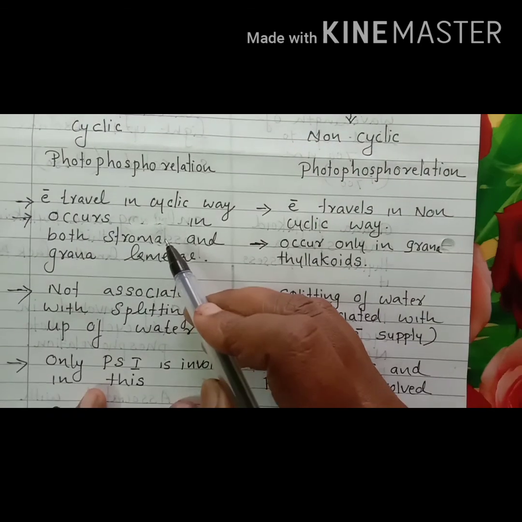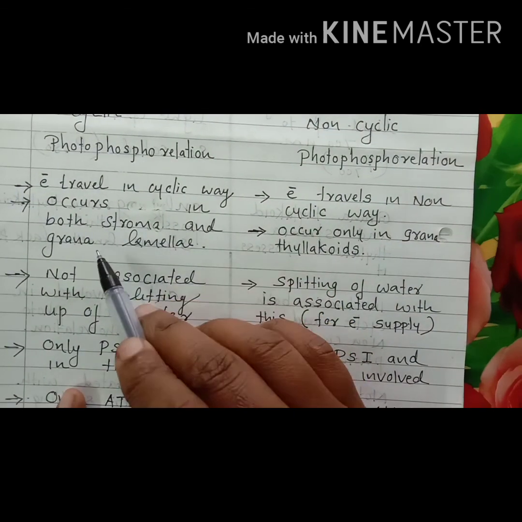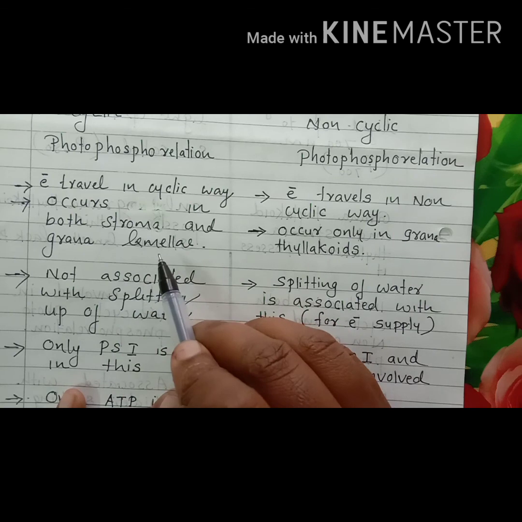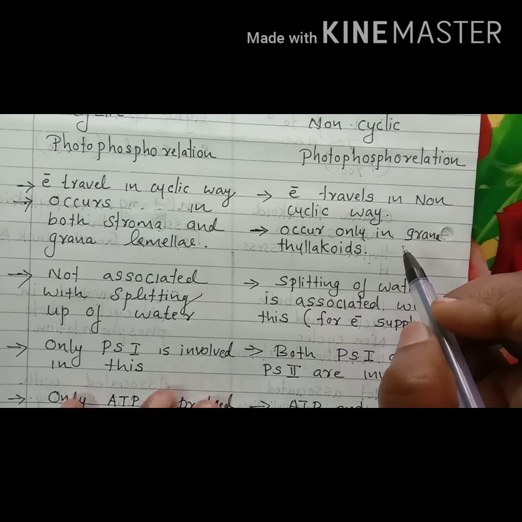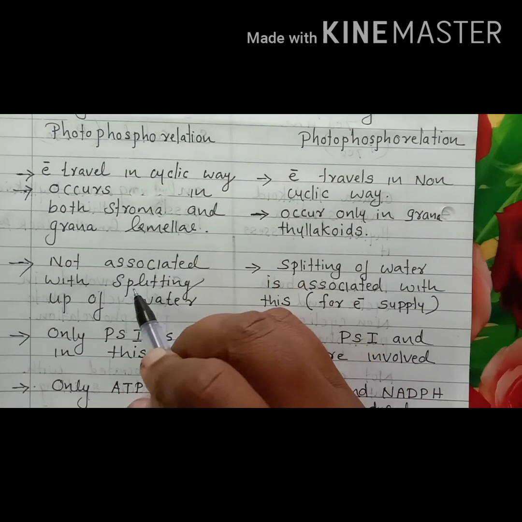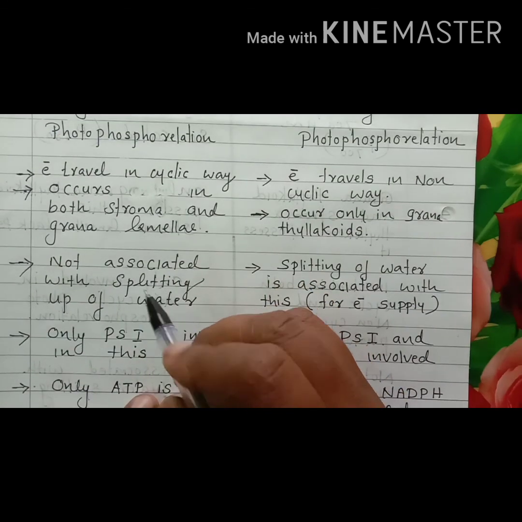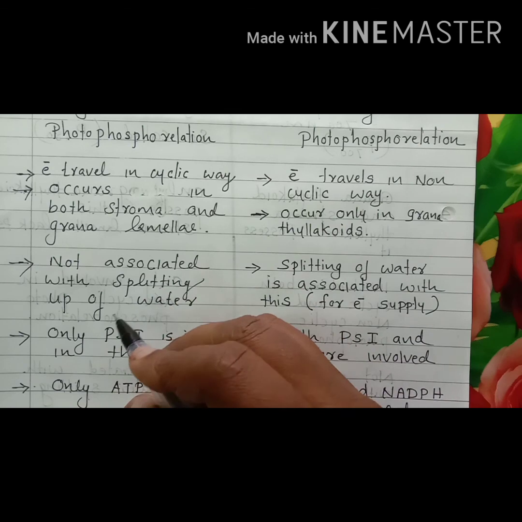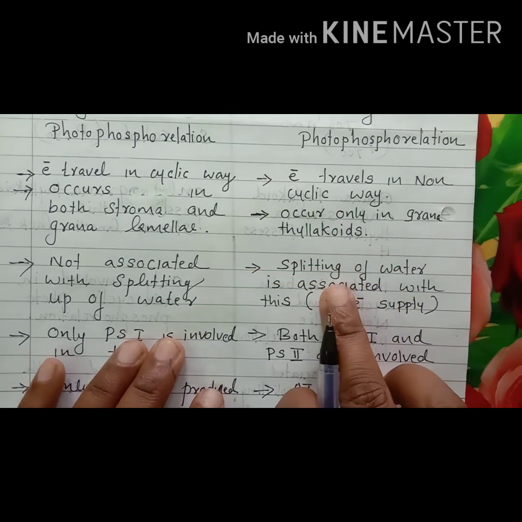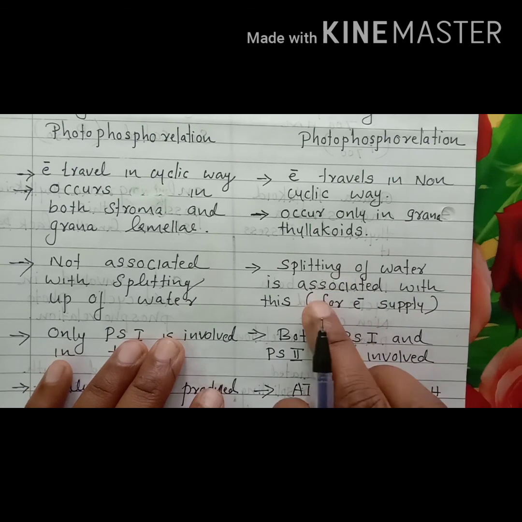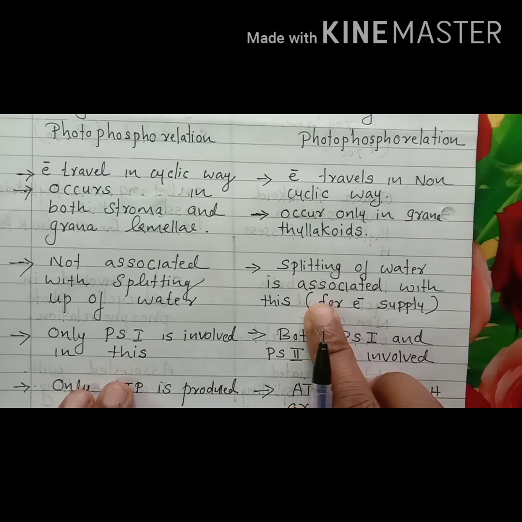Cyclic photophosphorylation occurs in both stroma and grana thylakoids, or grana lamellae. Non-cyclic occurs only in grana thylakoids. In cyclic there is no splitting of water, because the electron is moving continuously, so there is no need for any electron supplier. But in non-cyclic the electron is not moving in a cyclic manner, so a continuous supplier is needed, and that occurs with the help of splitting of water.